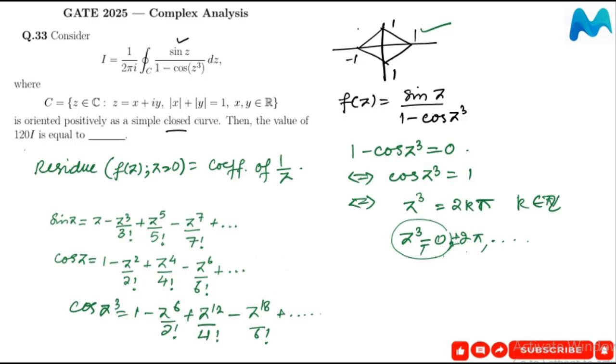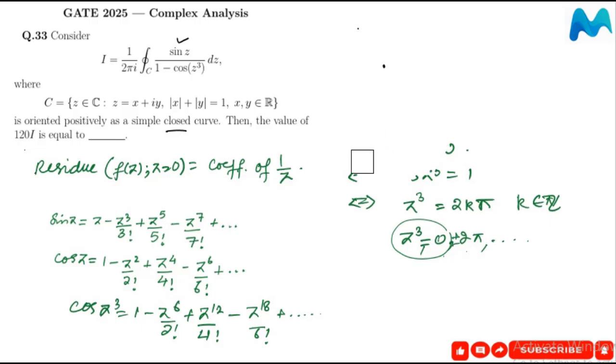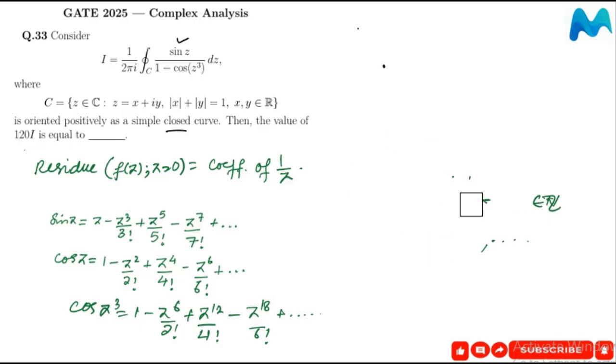Now to solve it, let's use these in the expression f(z) = sin z over 1 minus cos of z cube.